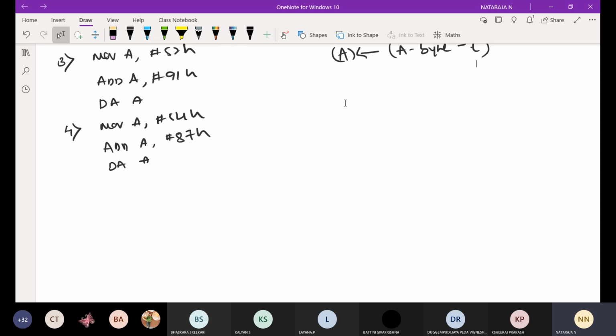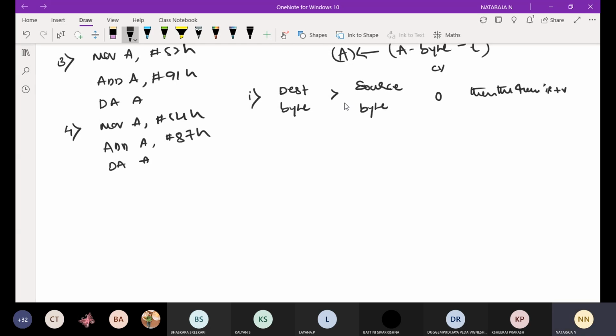The SUBB instruction sets the carry flag according to the following cases. First one, destination byte is greater than source byte: the carry flag is equal to 0, then the result is positive.